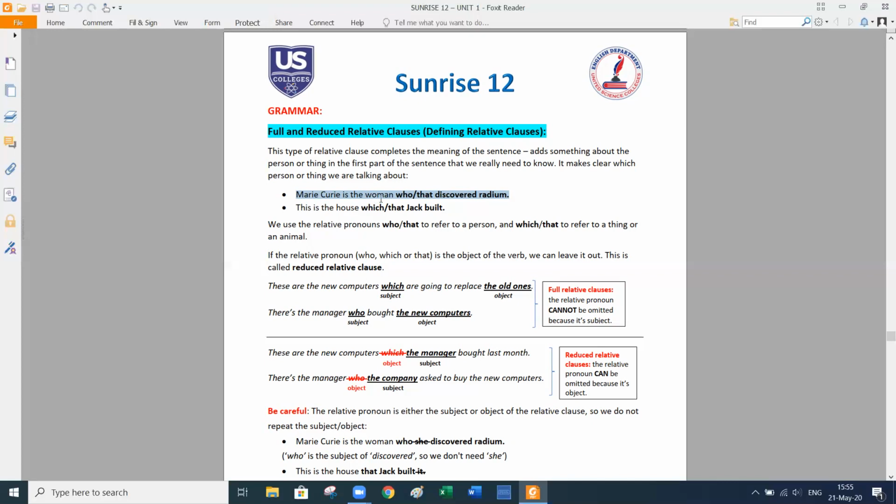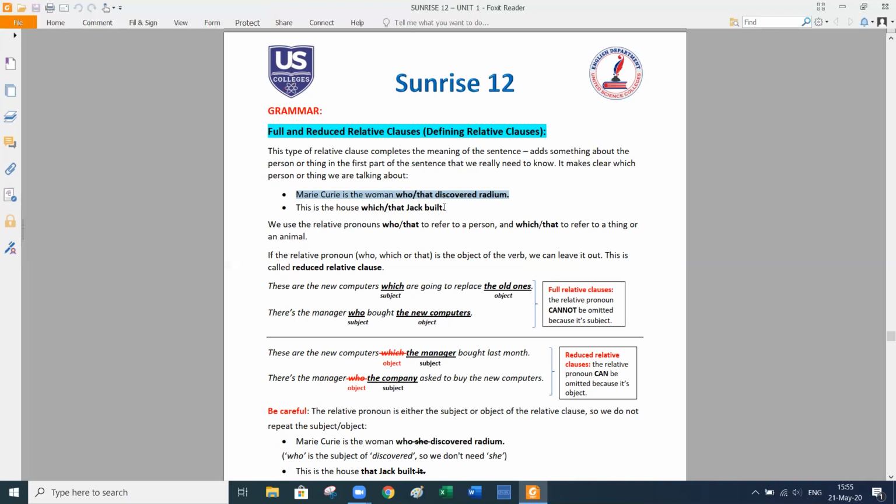If you finish the sentence here, the meaning will not be complete. Marie Curie is the woman, full stop. That wouldn't make sense. So we need to define what woman, what kind of woman, who exactly. The woman who discovered radium. So this is the definition of the woman, what woman.